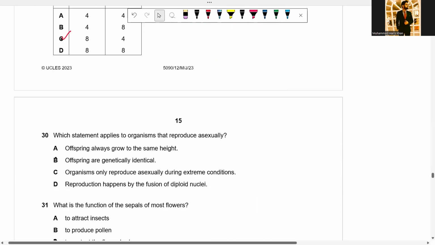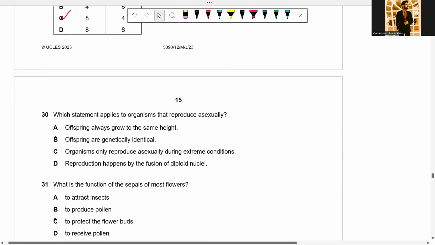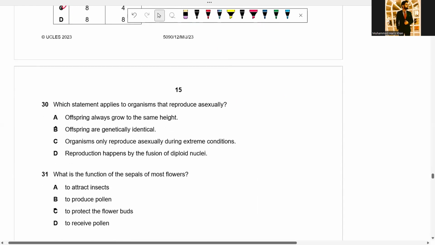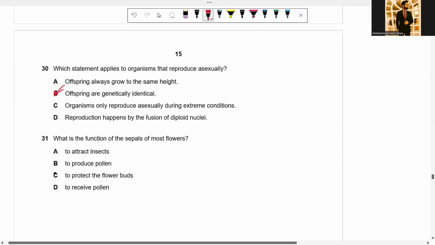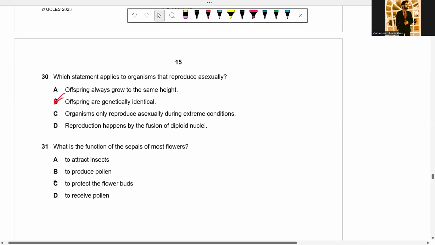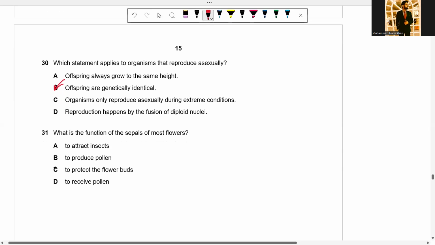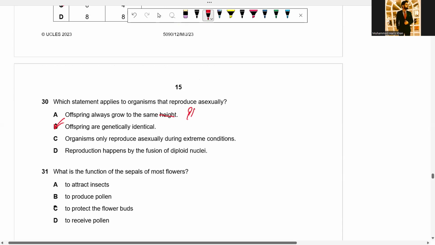Question number 30: which statement applies to the organisms that reproduce asexually? All the organisms will be identical. Look at the options of this MCQ. Option A: offsprings always grow to the same height. No, height is the phenotype, and phenotype is the result of genotype plus environment.